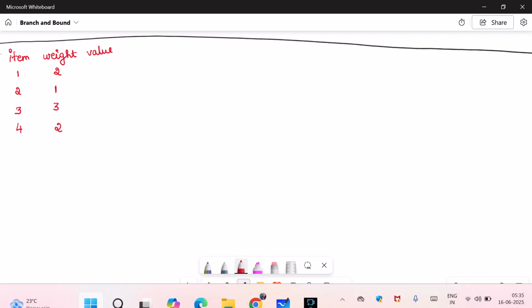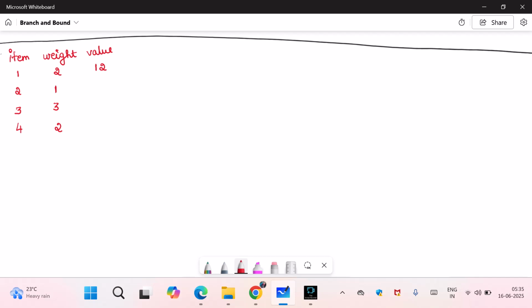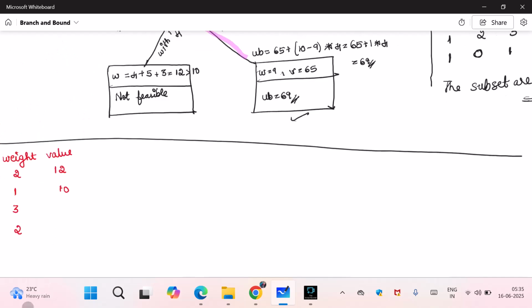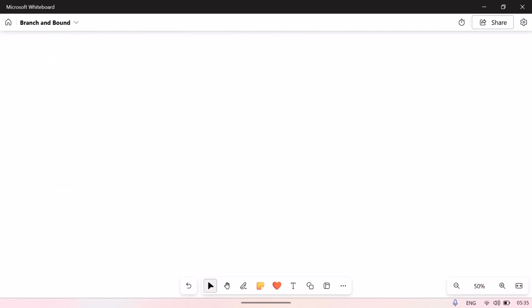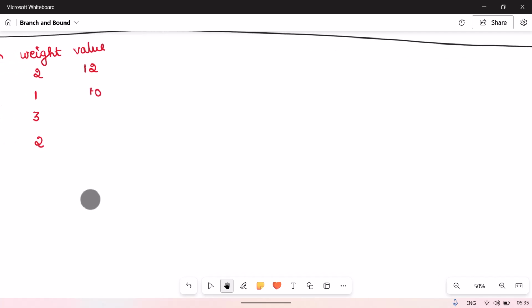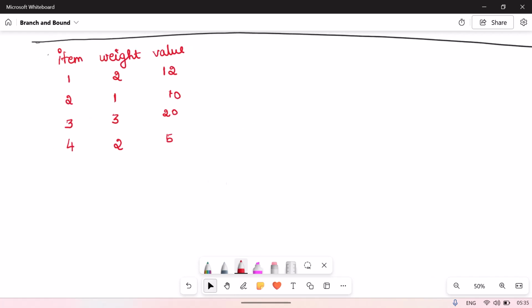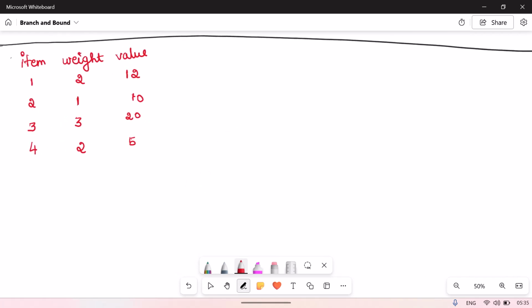Values are 12, 10, 20, and 5. Sorry, not 3, 5. This is the data we have.